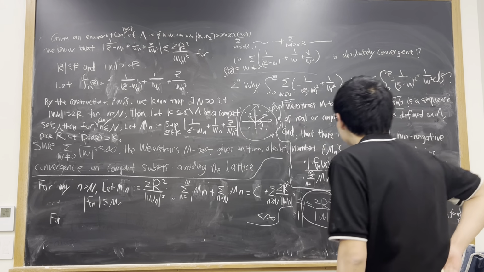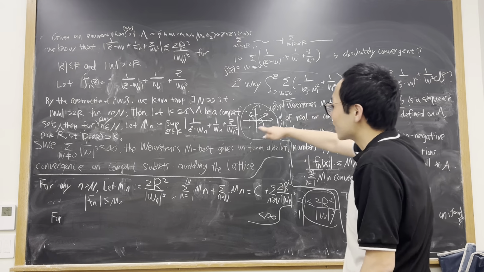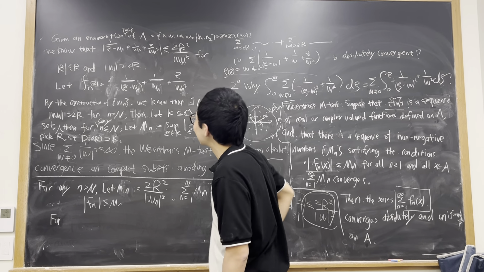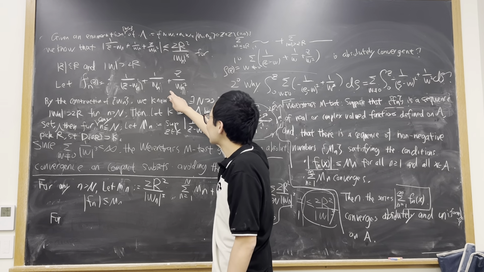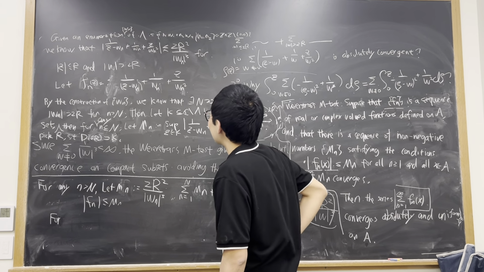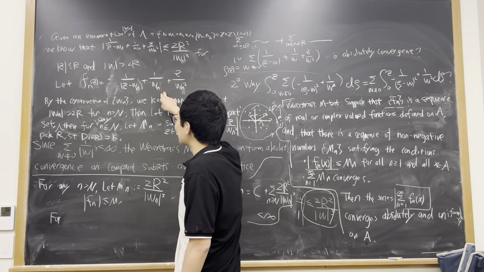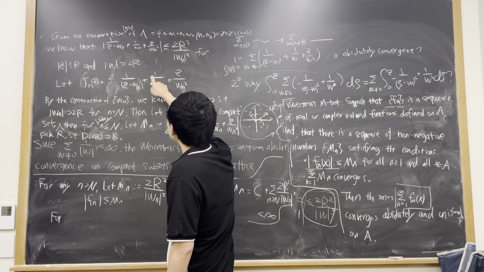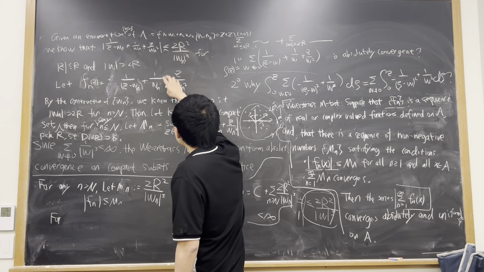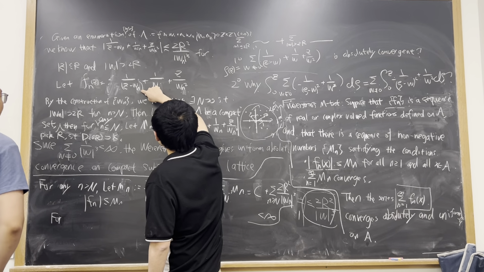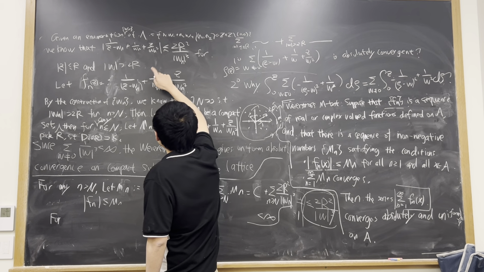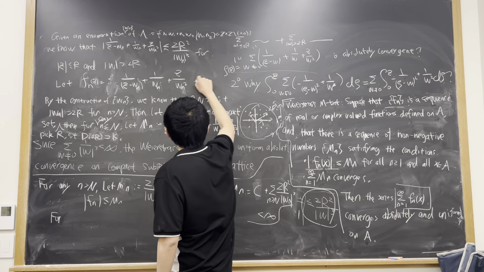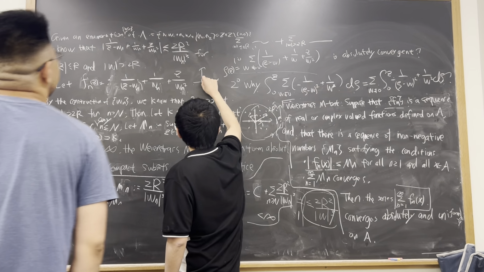So we want to use the Weierstrass M test to show the convergence of this function. So we have complex analysis, right? We have a sequence of functions like that. This omega n is defined as the points that, do you know analysis?